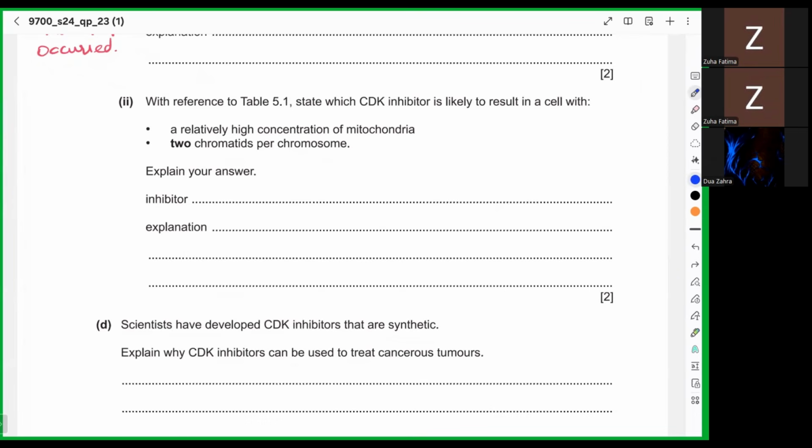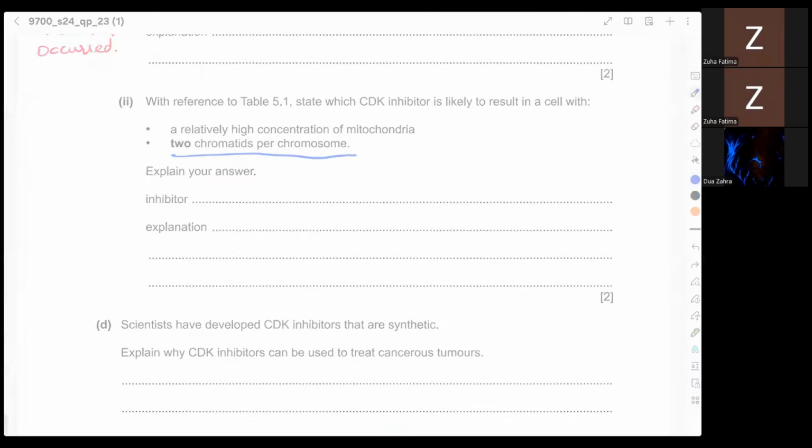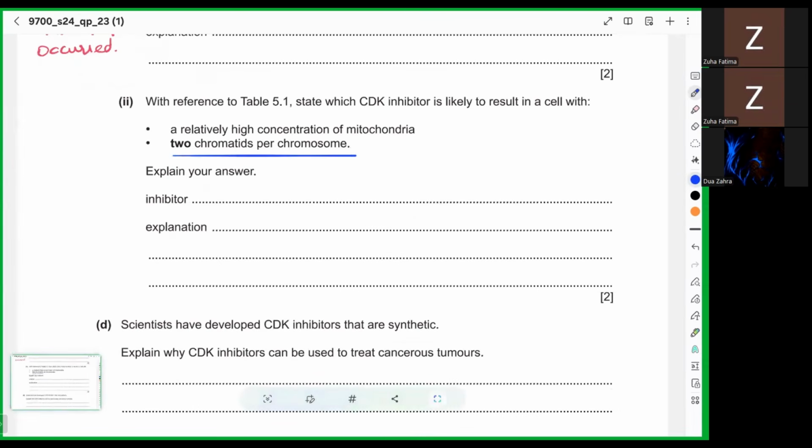Okay. With reference to table 5.1, state which CDK inhibitor is likely to result in a cell with a relatively high concentration of mitochondria, 2 chromatids per chromosome. तो हमारे पास क्या कहती हैं, 2 chromatids per chromosome. ये हमारे पास बेसिकली एक ऐसा सेल जिसमें 2 chromatids per chromosome है, इसका मतलब है उस सेल में DNA replication has occurred.